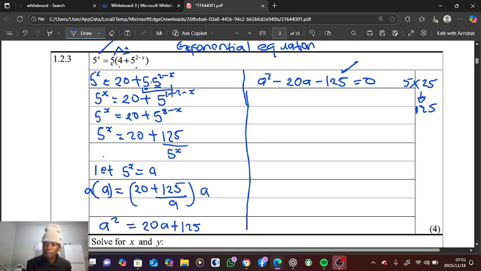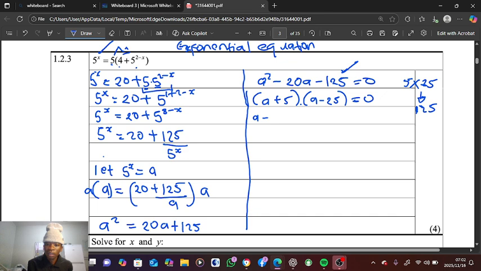But then we have to check our b, which has to be negative 20. For our b to be negative 20, we need positive 5 minus 25. So we're going to say a plus 5 and a minus 25 is equal to 0.